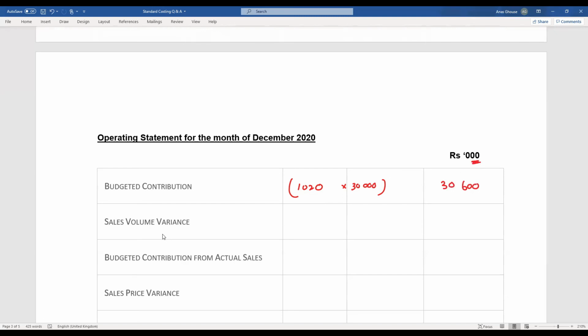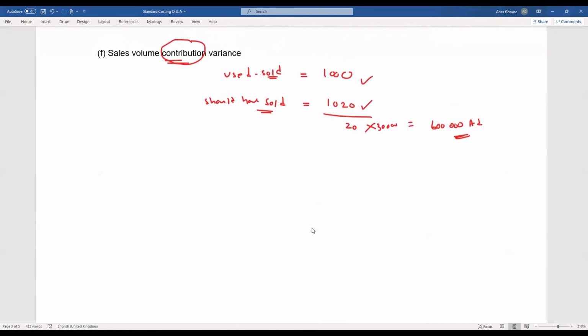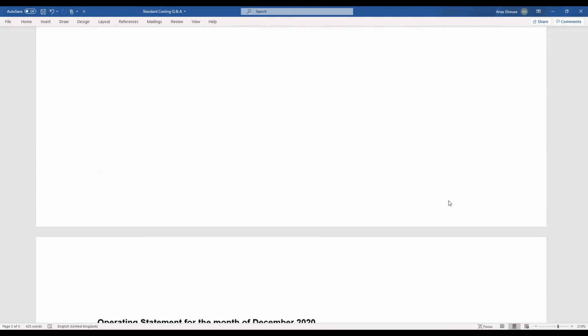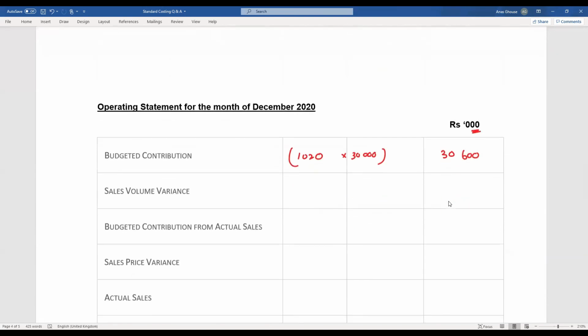Okay, the sales volume variance that we have already calculated. Sales volume contribution variance is 600,000 adverse variance. So therefore we have to deduct it from budgeted contribution to get actual sales, which will be 30 million.